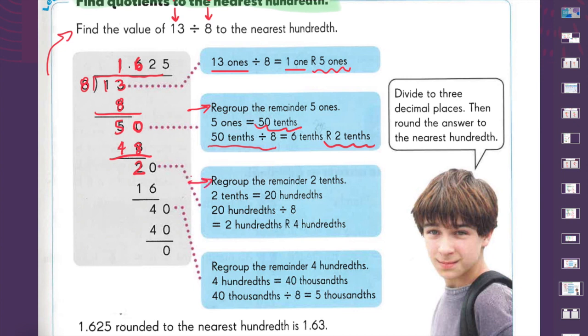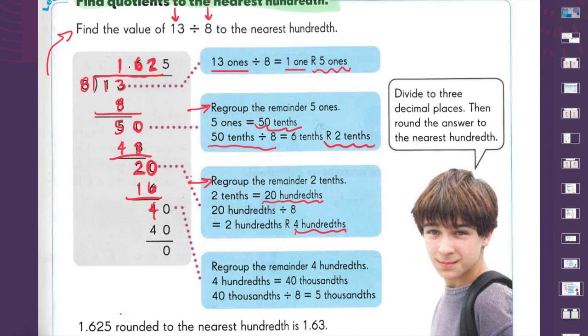So now we're going to regroup the remaining 2 tenths into hundredths, and 2 tenths gives us 20 hundredths. So now 20 hundredths divided into 8 equal groups gives us 2 in each group, and 2 times 8 is 16, so we have 4 hundredths left over.